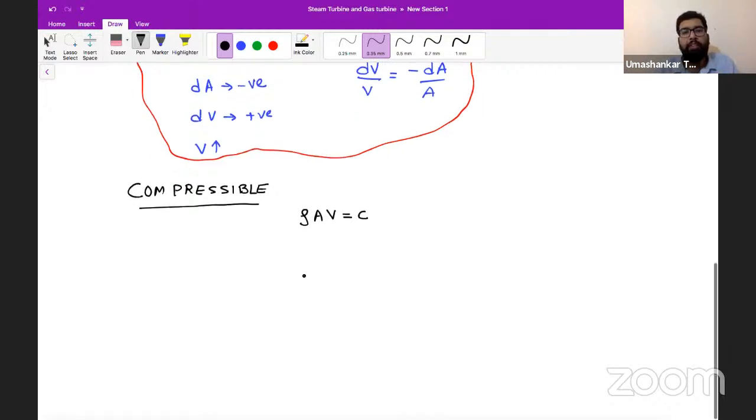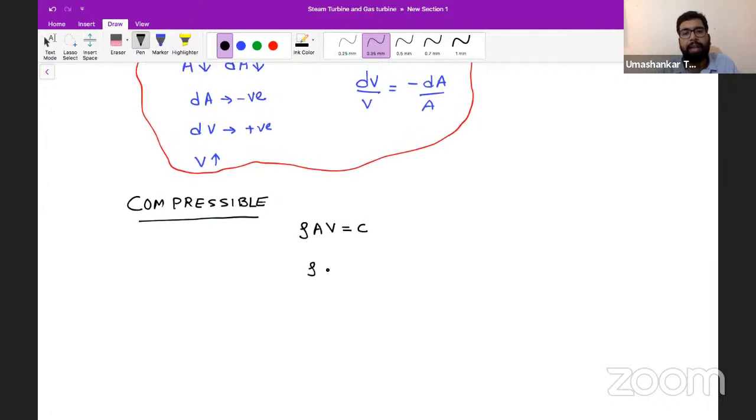So from here, I can write rho V dA plus rho A dV plus A V d rho is equal to 0. I don't think there will be a problem.